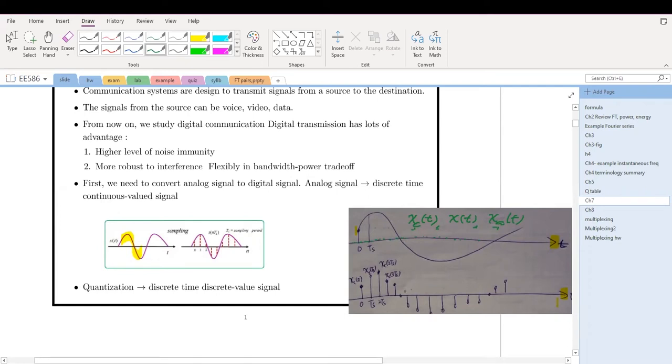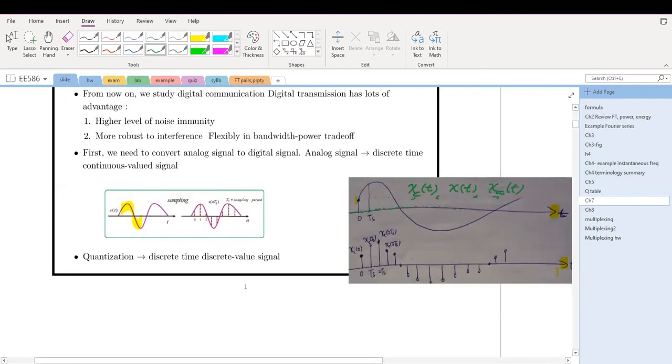So we need to discretize the signal in time. How do we do that? We sample the continuous time signal. Suppose the sampling period is Ts. Every Ts, I obtain one value of this continuous time signal. For example, if I start at time 0, I obtain the value xc of 0.